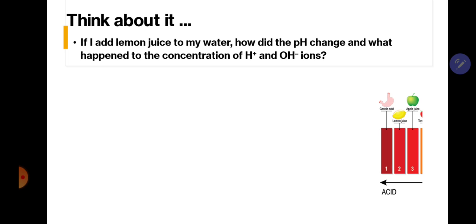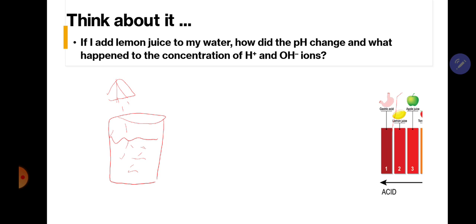Alright, let's take a minute to think about this kind of problem. Sometimes I like to add lemon juice to my water, but now we have to think about how that changes my pH, and what happens to the concentrations of the hydroxide and the hydrogen ions. Here's my glass of water. Here's my lemon, and there's the lemon juice distributing throughout the water.